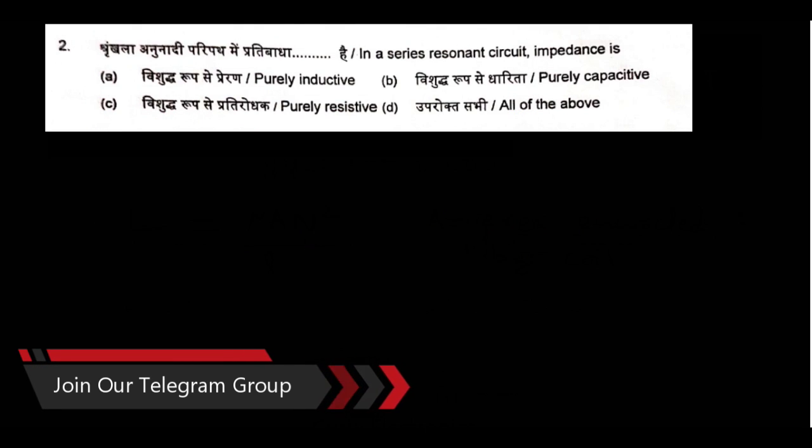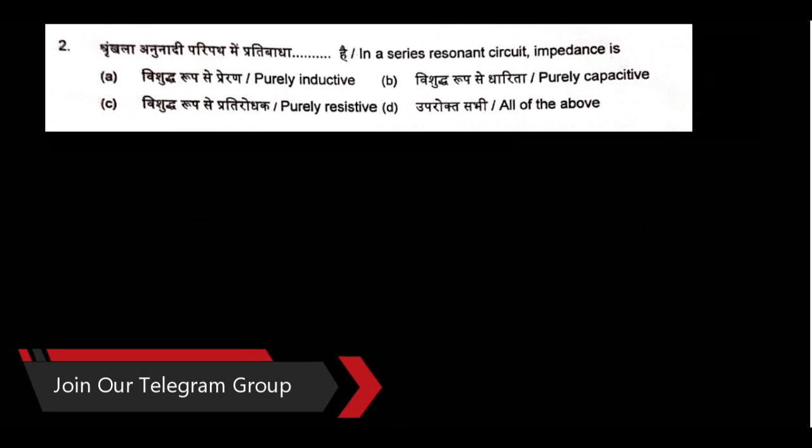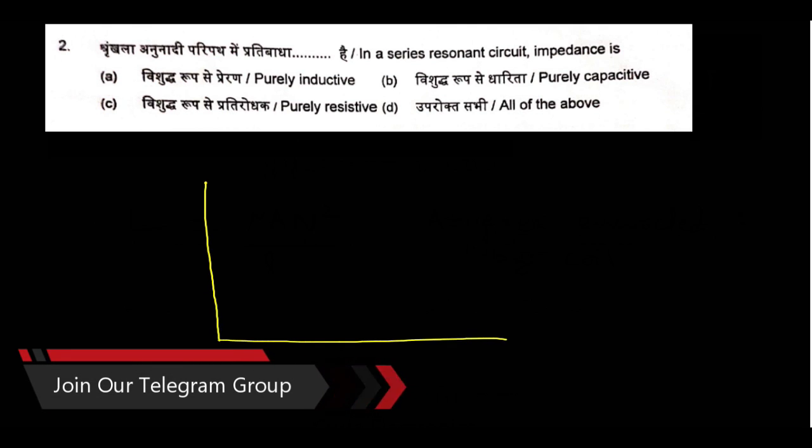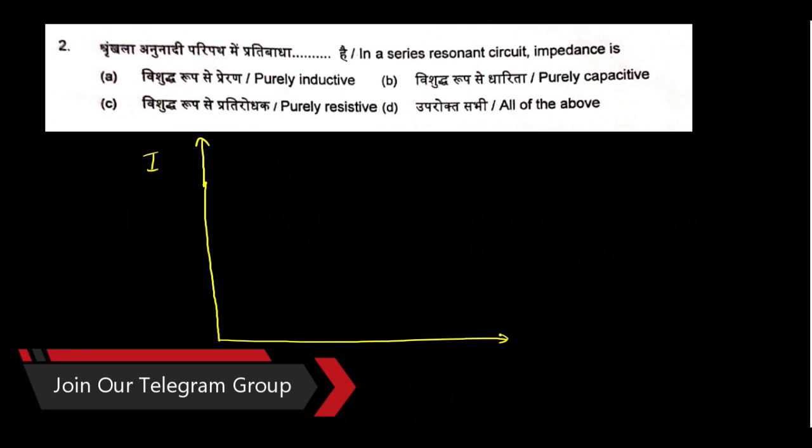In a series resonant circuit, impedance is, how does the series resonant curve look? On the y-axis we have the current, x-axis we have the frequency.